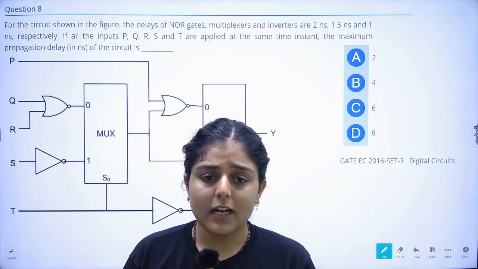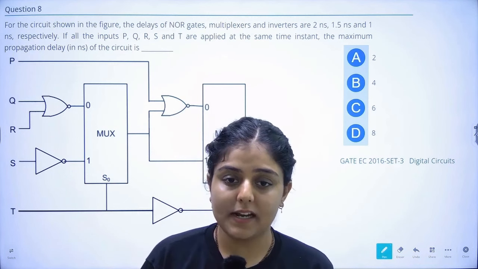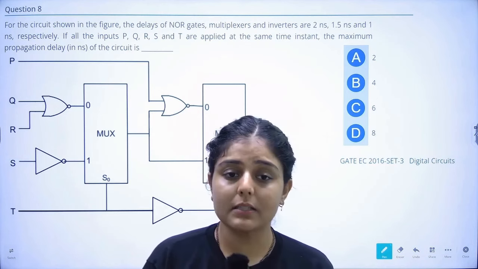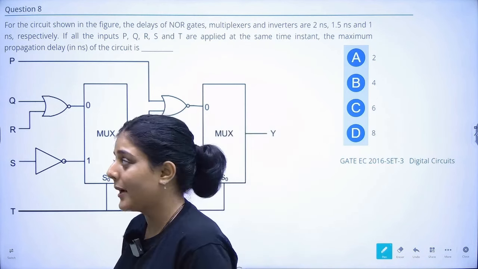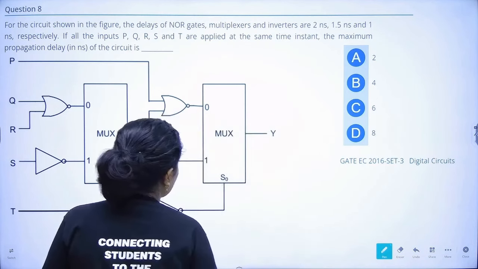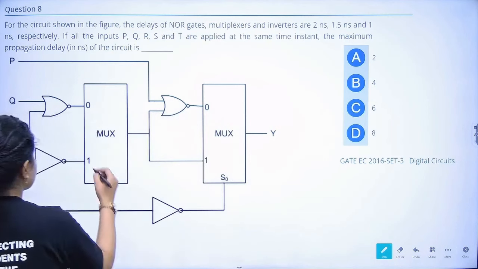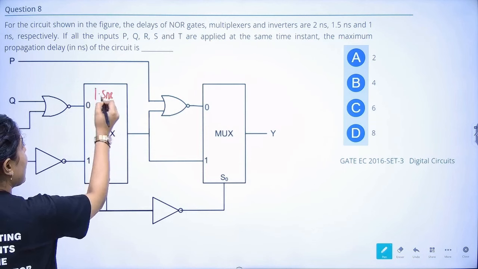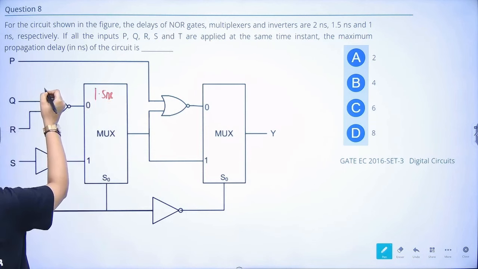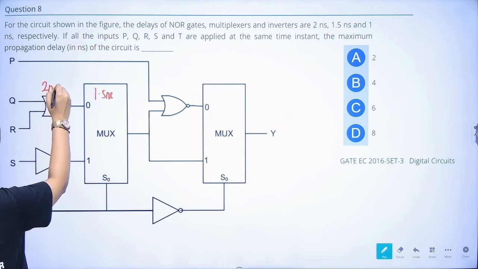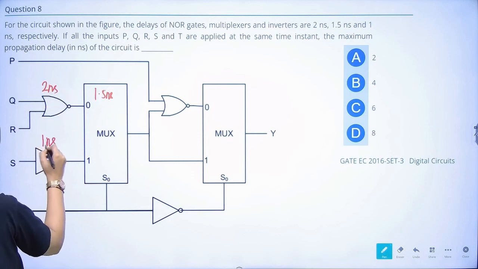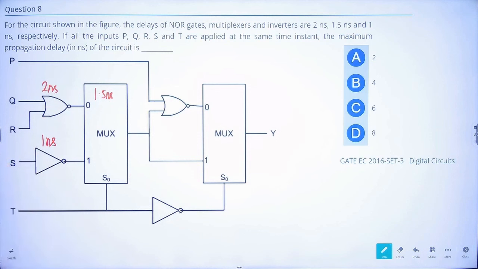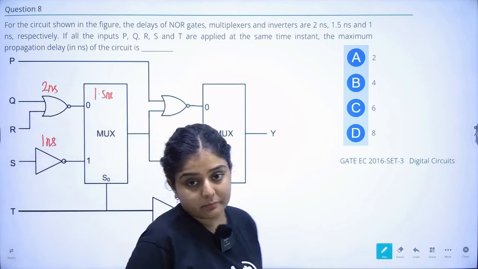If the inputs P, Q, R, S and T are applied at the same time instant, find the maximum propagation delay. So for this mux it is 1.5, for this gate it is 2, and for this it will be 1 nanosecond, right? The total amount of delay.